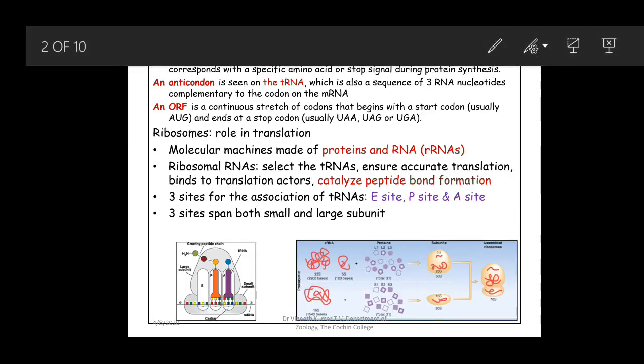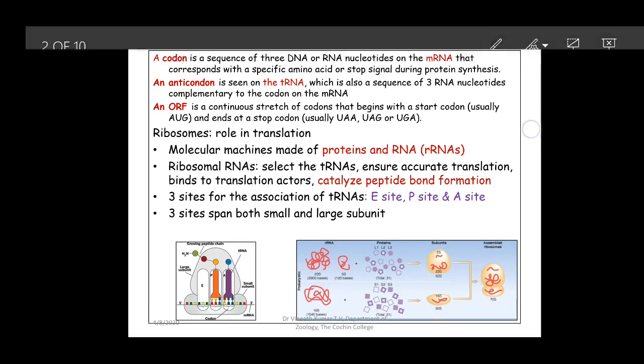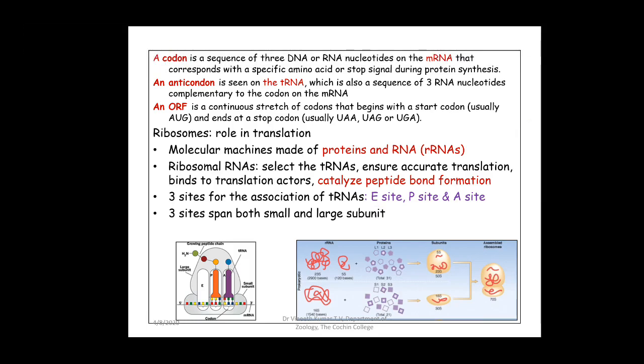Before discussing the specific sections, we have to see three different terminologies. One is a codon. A codon is nothing but the three-letter sequence seen in the mRNA, and these three letters correspond to a particular amino acid, or a stop codon or a start codon.